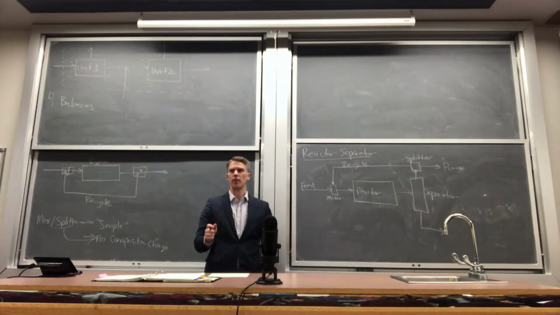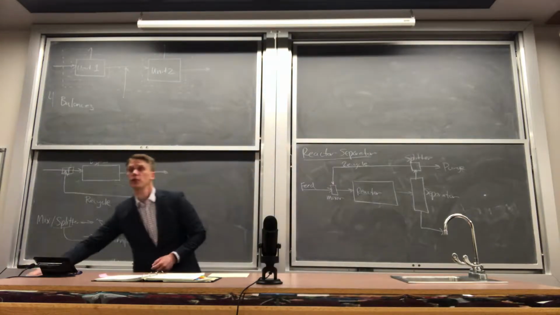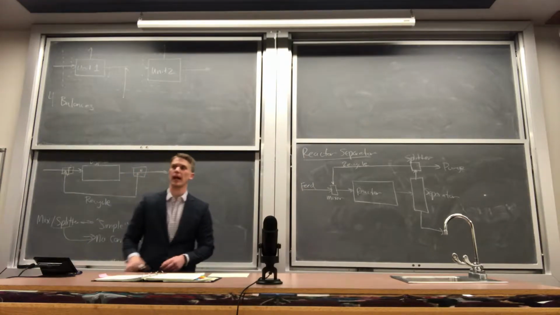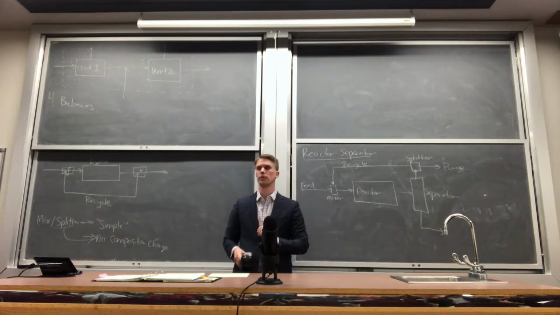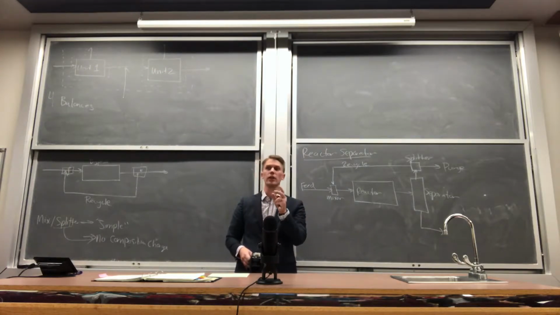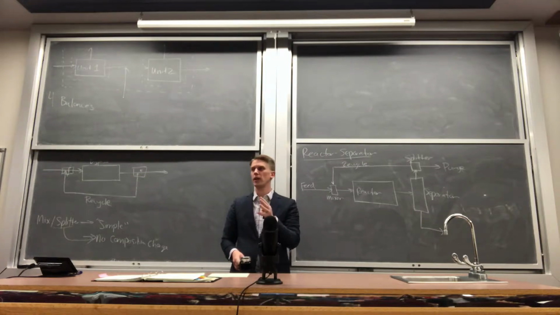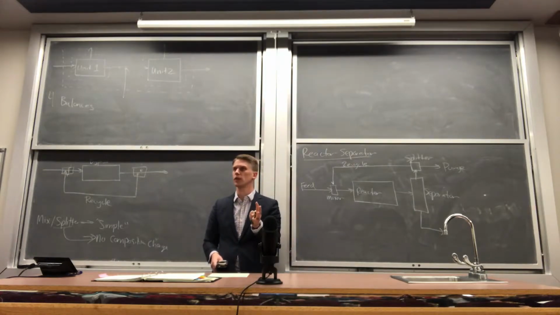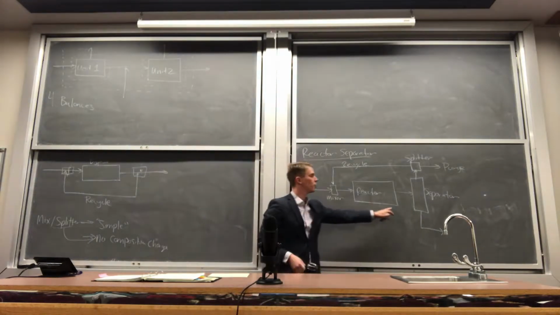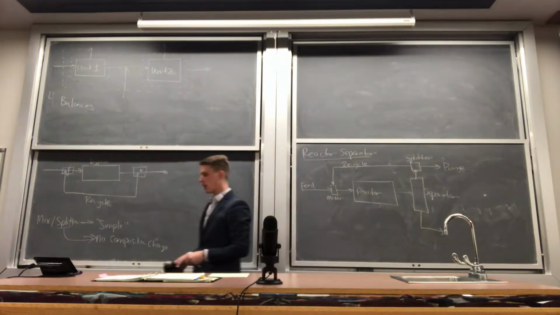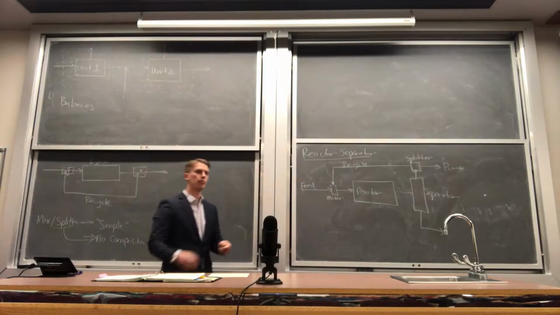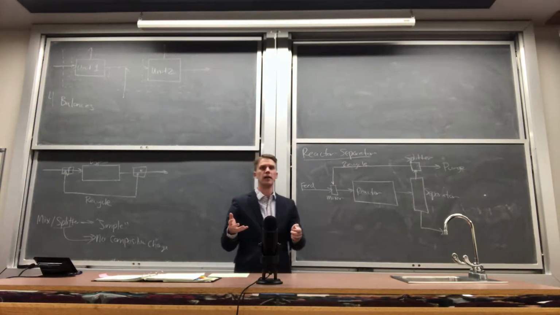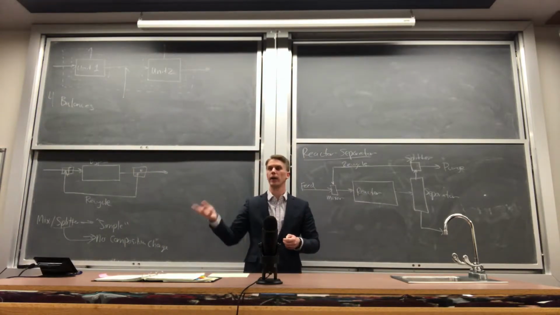So a reactor separator is a unit operation that is used when you have a chemical reaction that only goes very slightly forward. If you have a reaction that's really hard to accomplish, you might only get 1%, 2%, 3%, 5% conversion through a single pass of the reactor, which basically means if we have 10% conversion, that means 90% of all of that stuff that we're buying to do this reaction is going to be wasted.